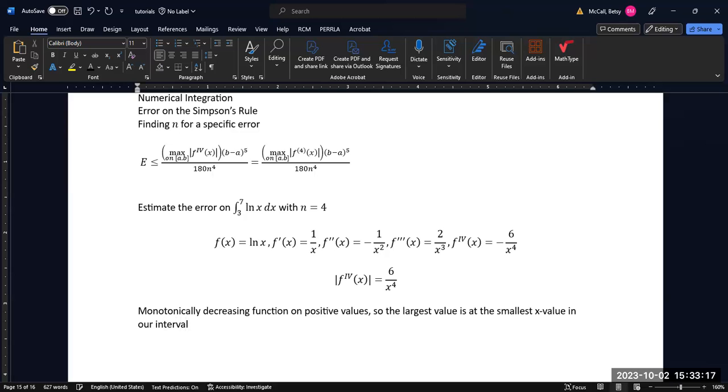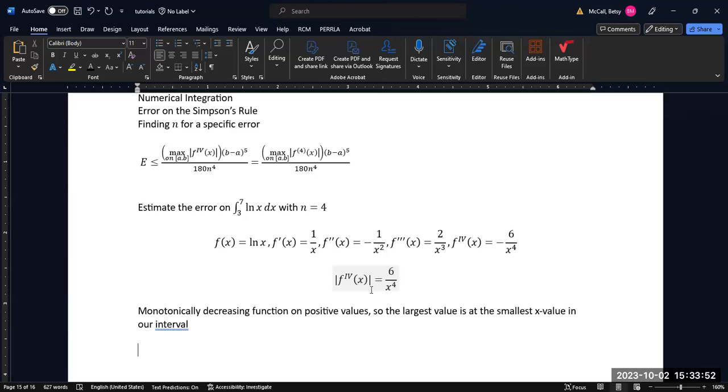Again, keep in mind, if you have a more complex function, not something that's monotonically decreasing or increasing, it is possible that the maximum will actually occur someplace inside the interval, in which case you would need the fifth derivative, set that equal to 0 to find the critical points on the fourth derivative. Those don't show up often in textbook problems, but out in the real world, in the wild of physics, there are no guarantees.